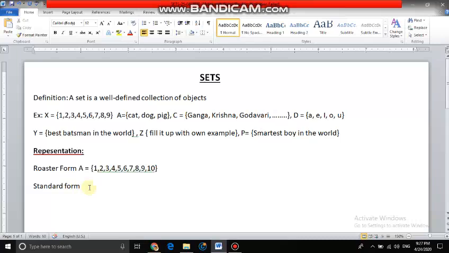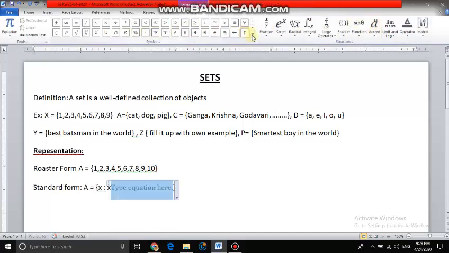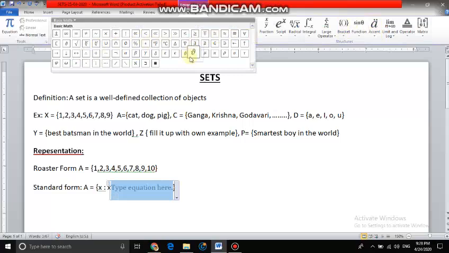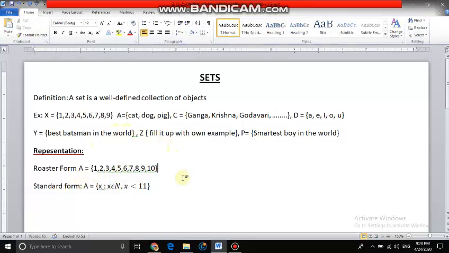If I want to write the same thing in the standard form, I write A equals {x : x belongs to natural numbers and x is less than 11}. Here the symbol such that is the colon. This is the standard form of the above set.